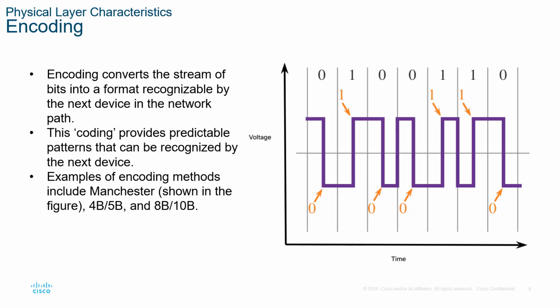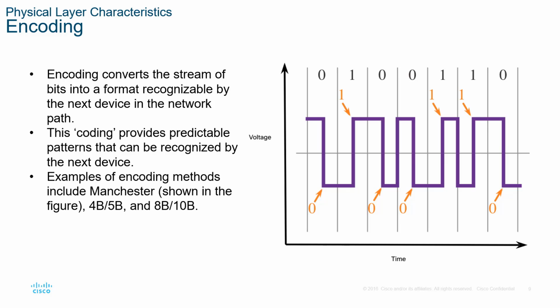Earlier we discussed binary. Here is why binary is so important, because our bits are actually all binary bits. So encoding basically takes and converts the stream of bits into a format that's recognized by other devices on the network.